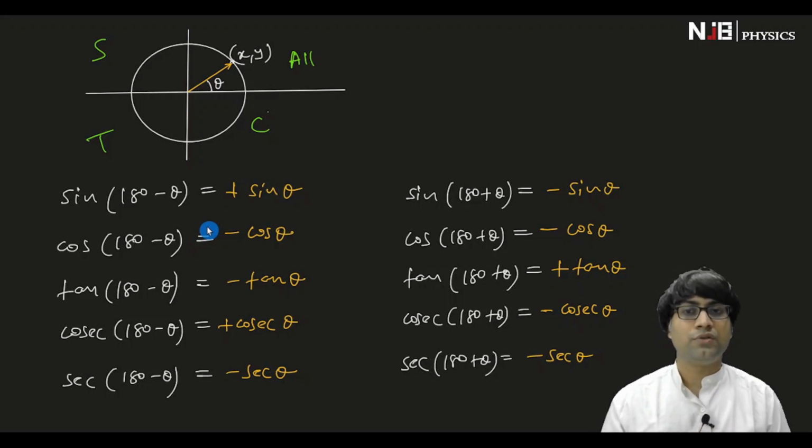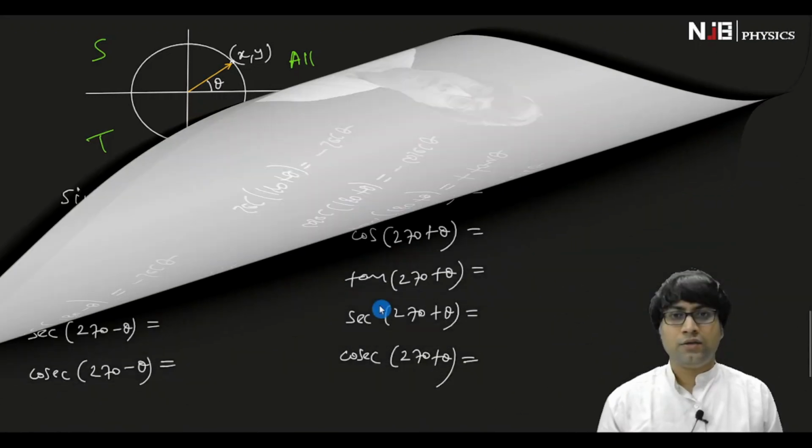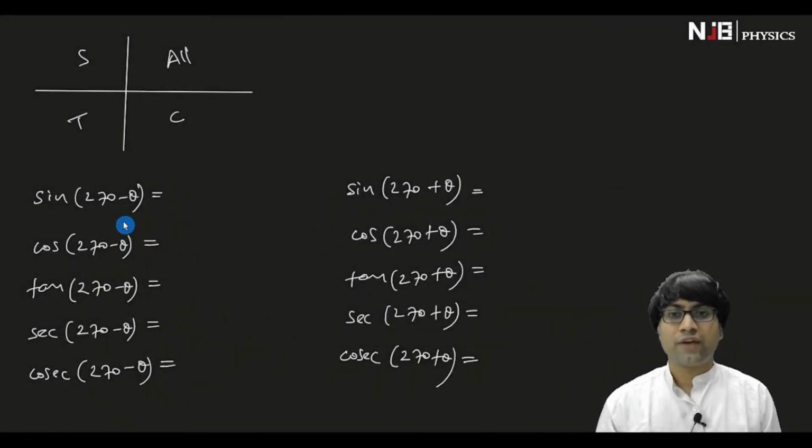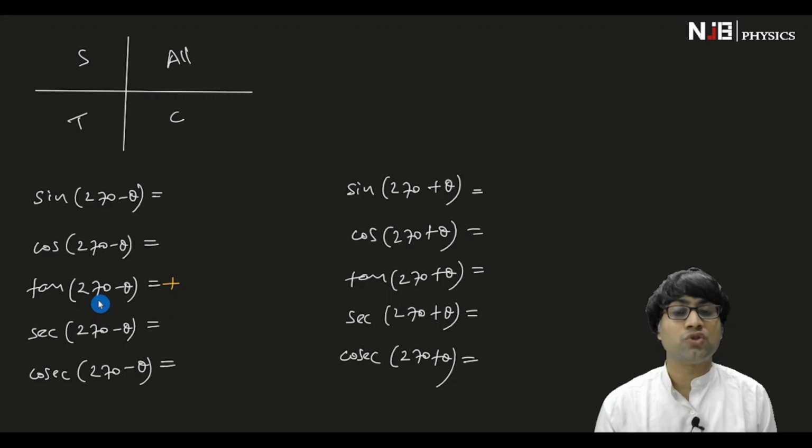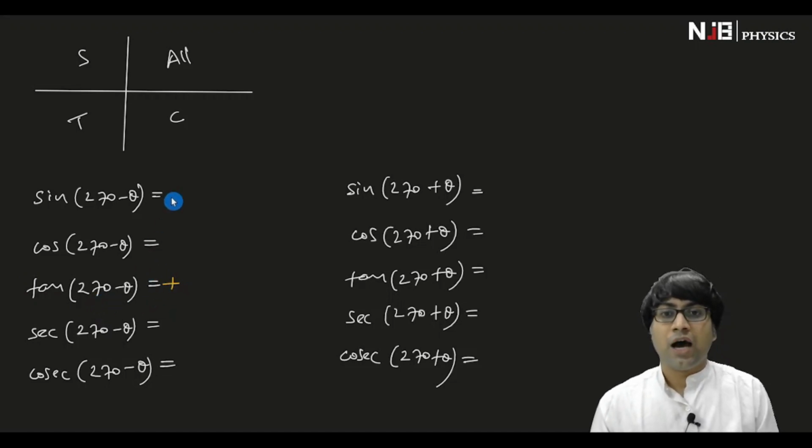Now let us talk about the trigonometric ratios of 270 plus minus theta. If we now look at the angle 270 minus theta, we'll see that it is going to lie in the third quadrant. In the third quadrant, tangent and cotangent are going to be positive only, and therefore we'll just put a positive sign over here. And since we have not written the case of cot of 270 minus theta, you know what it is going to be. All the rest are going to be negative.